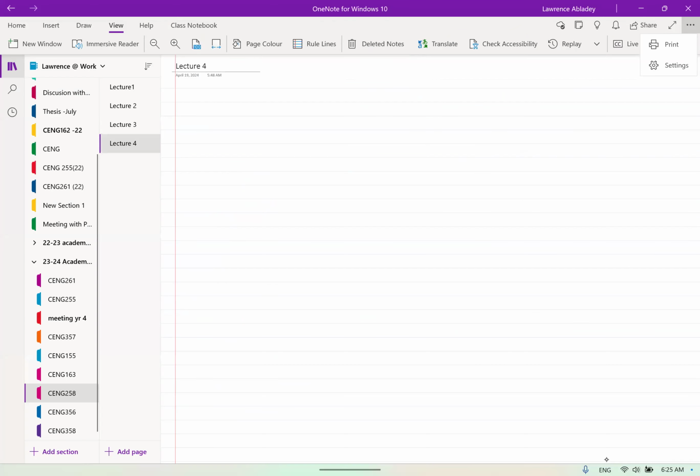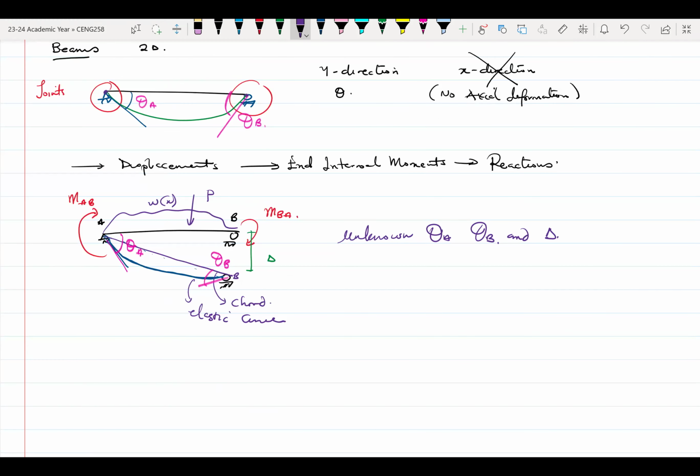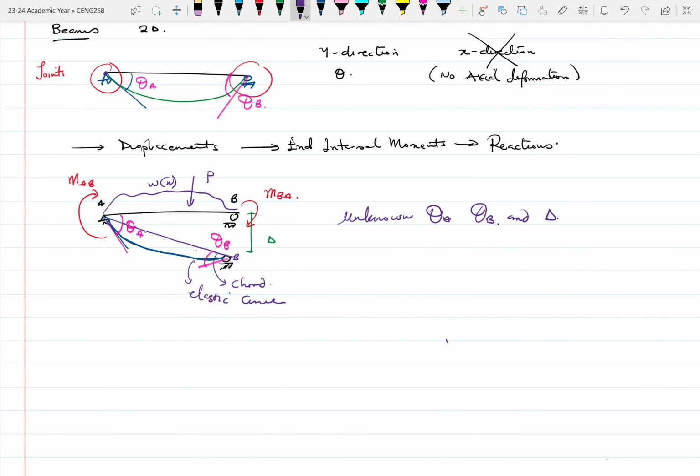So pretty much what you are looking at is that we've taken a portion out of a longer structure. I could have some structure, it doesn't matter what it looks like. Let me call this O, A, B, C, and D, and I'm looking at this portion.